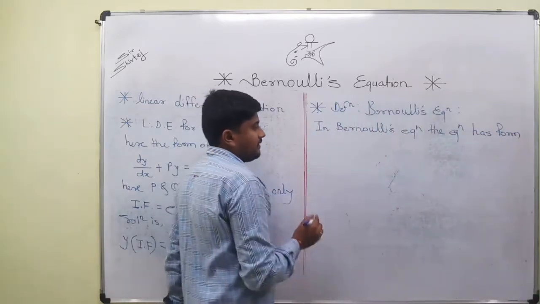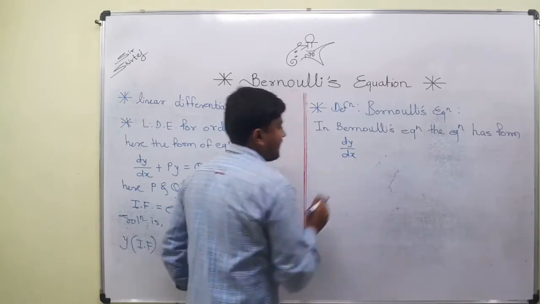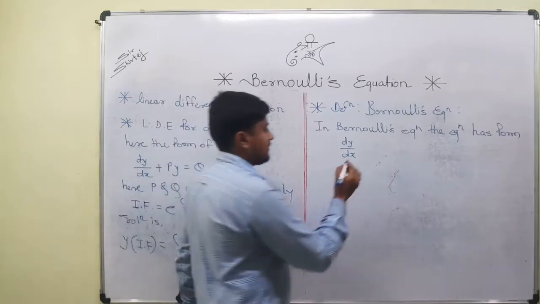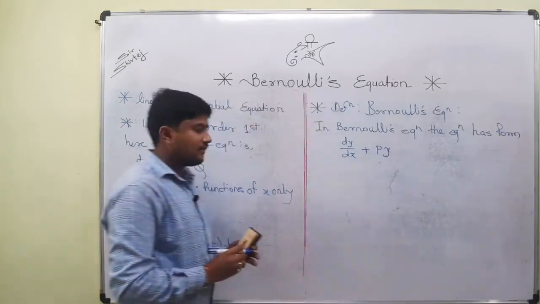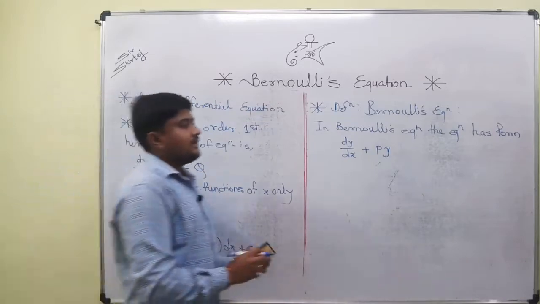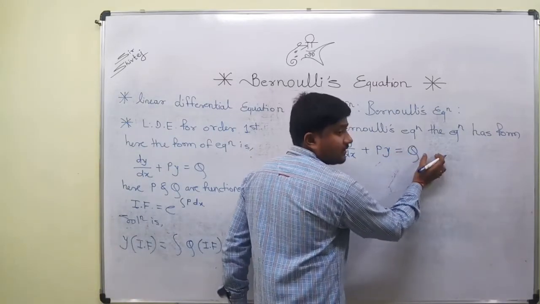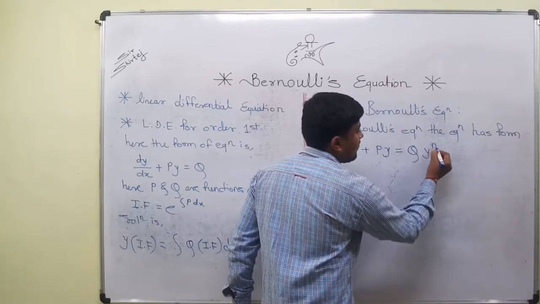Here we see dy by dx as it is, plus Py as it is, equal to Q, but here we take another quantity which is y raised to n.